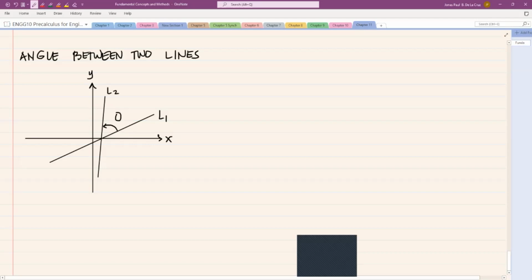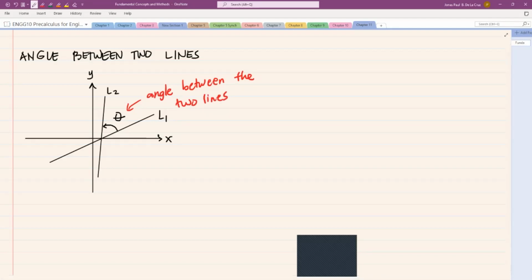Okay, so this is theta. Theta yung symbol natin, the angle between the two lines. Yan. So theta ang notation natin for the angle between the two lines. Okay? So if two non-vertical lines L1 and L2 have slopes M1 and M2, then theta is the angle from L1 to L2.